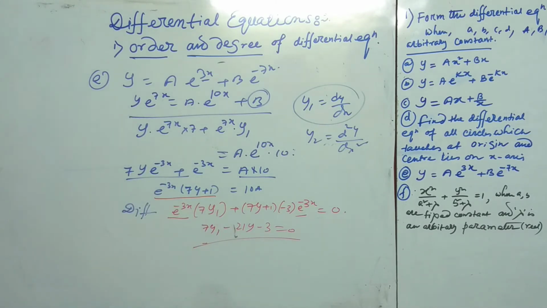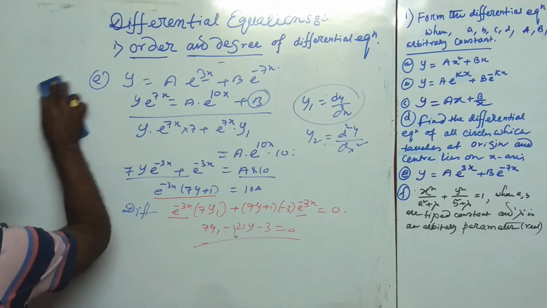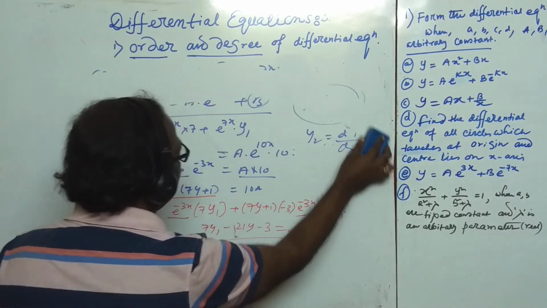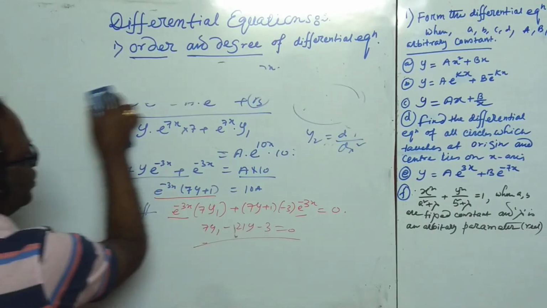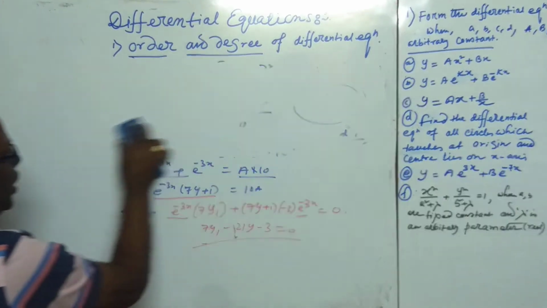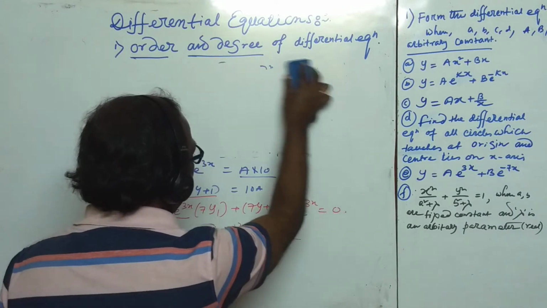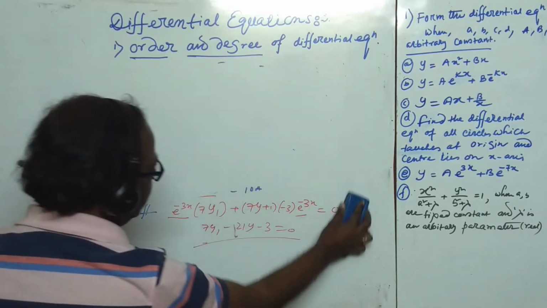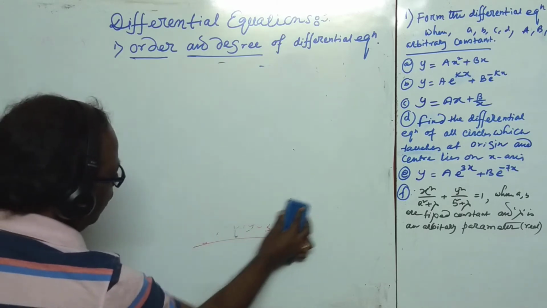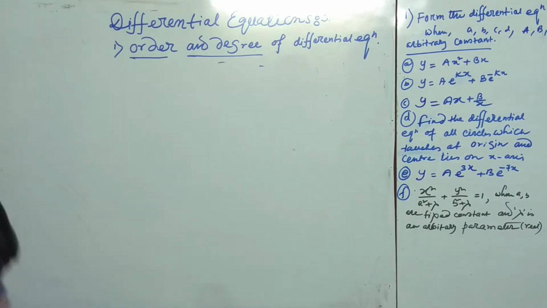This is the differential equation for question number E. Now again for question number F. In my point of view, this is a very important question, question number F, and I think all the viewers will enjoy the problem for question number 7. See here.